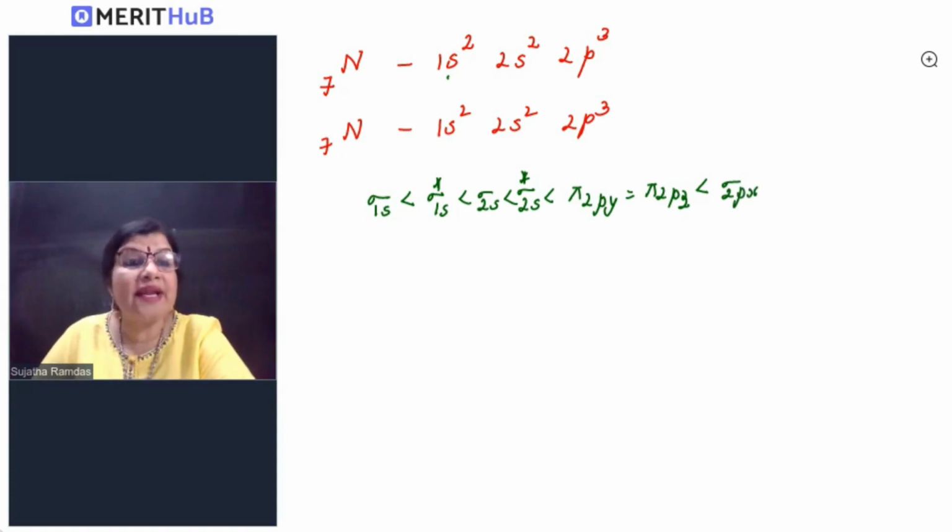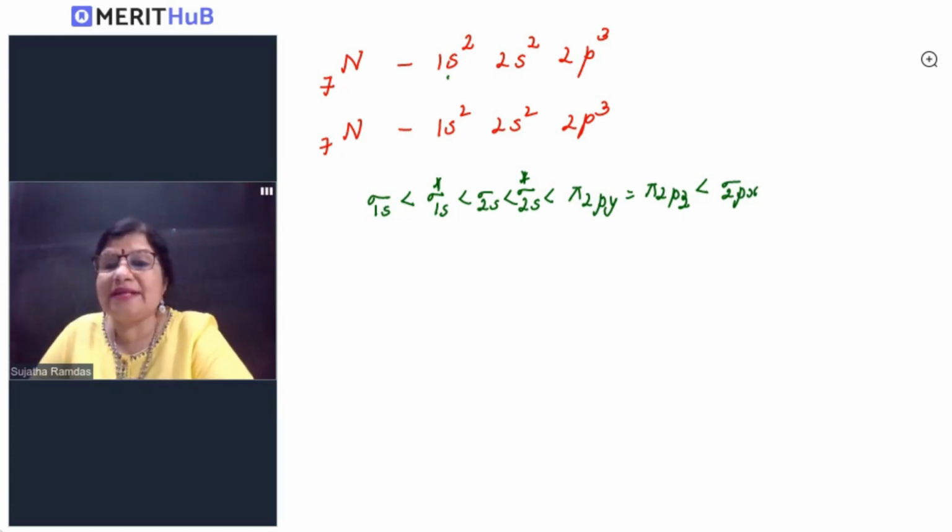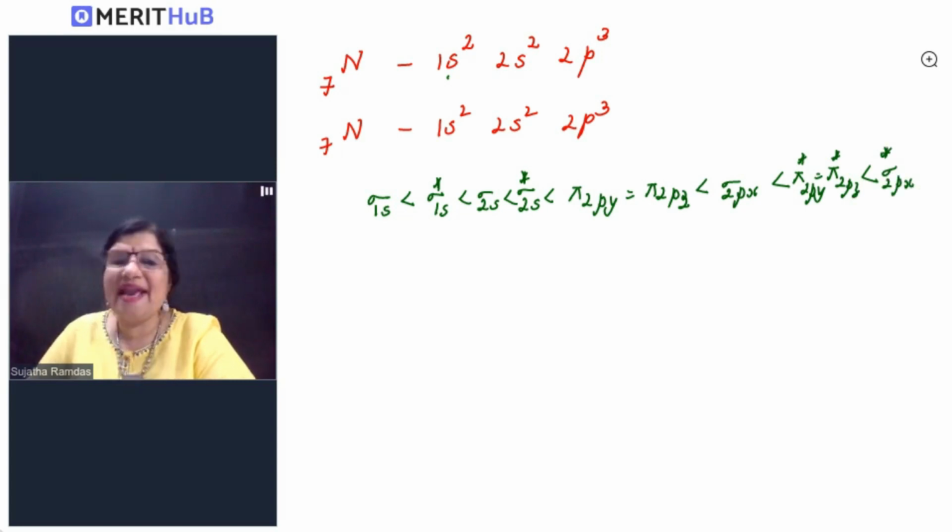Then comes the corresponding anti-bonding orbitals of the p molecular orbitals. What are they? Pi star 2py is equal to pi star 2pz, less than sigma star 2px.